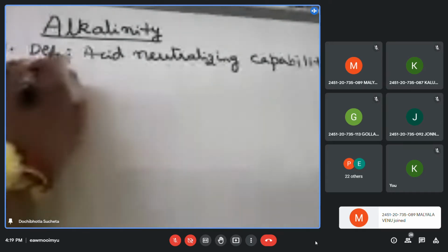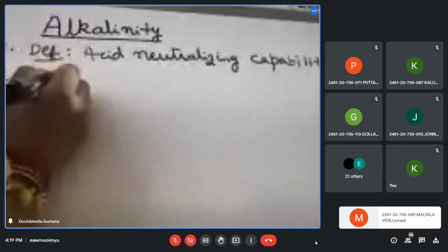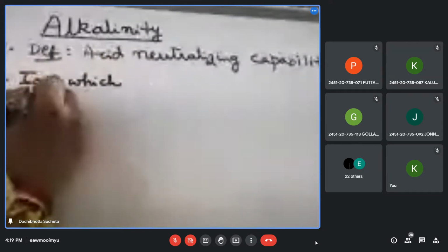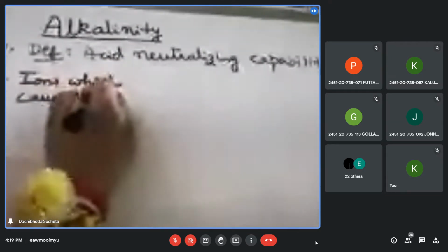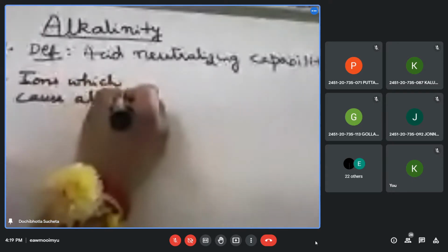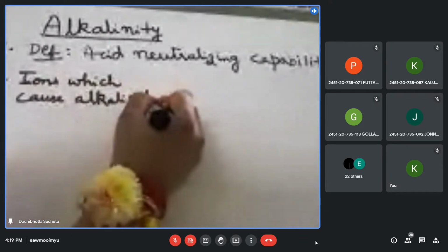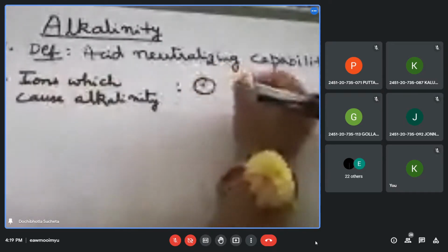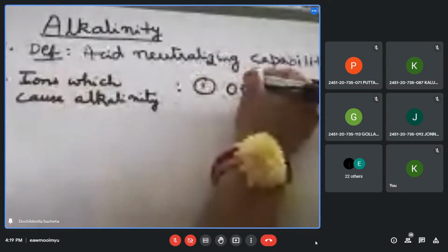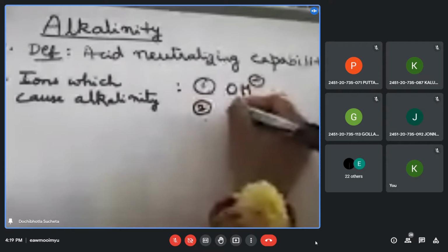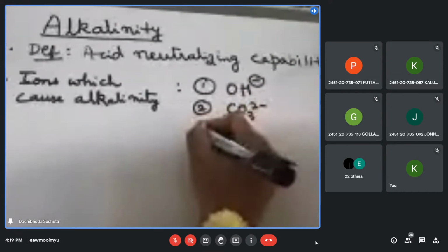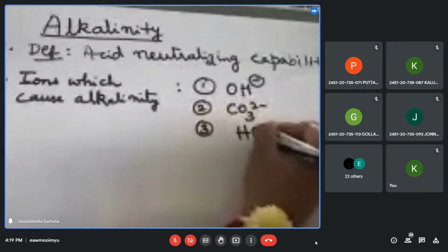What's the second point? Ions which cause alkalinity. Ions which cause alkalinity are: the first ion is OH minus, the second ion is CO3 2 minus, and the third ion is HCO3 minus.